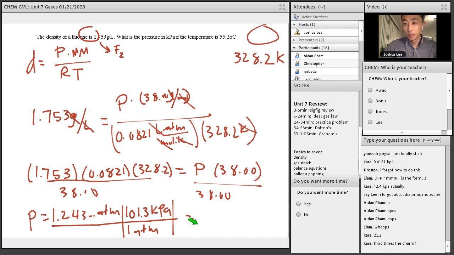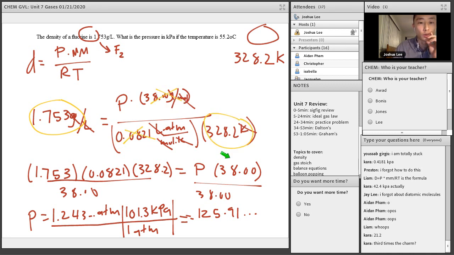Yep, nobody got it. 125.91 dot dot dot. Sig figs, we go back. This had 4. We don't care about this, don't care about this. This one had 4, so the answer is 125.9 kilopascals.